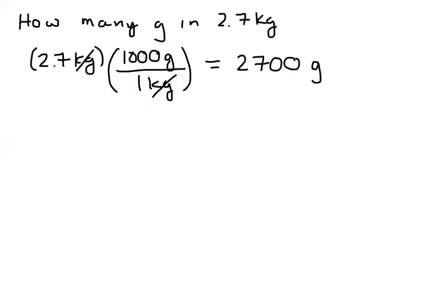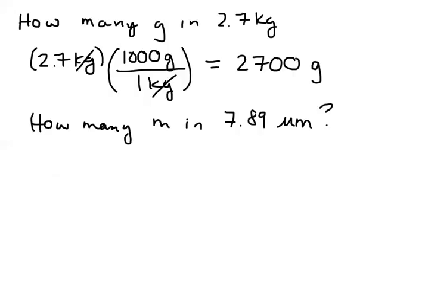So I could say, how many meters in 7.89 micrometers? Sorry. Big or small answer? Why? Meters are much, much, much larger than a micrometer. So if you have 7.89 micrometers, you shouldn't have very many meters in that. You should have a very, very, very small amount of meters.